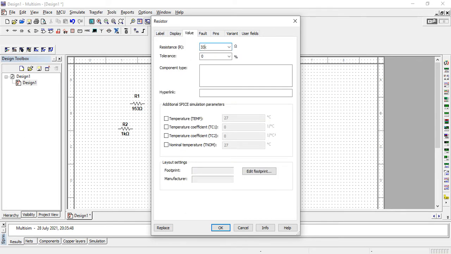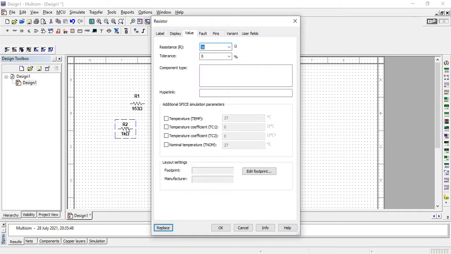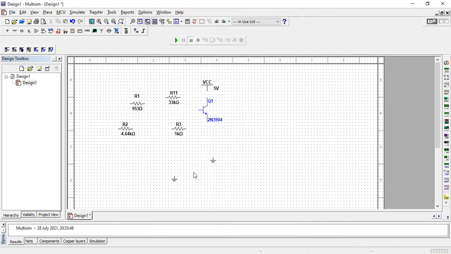So I am setting it to 33K. This is your R1. Your R2 used is 4.64K, 4.64. This lab of yours will be very lengthy because it has many parts. Everything in theory is going to be compared with everything in your hardware version, or in your lab performance version.